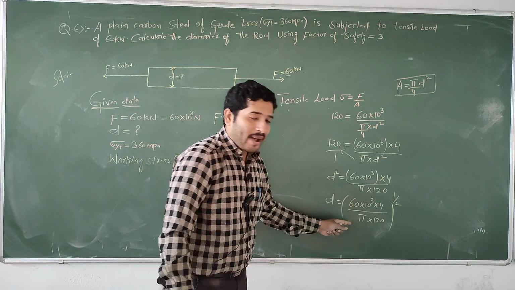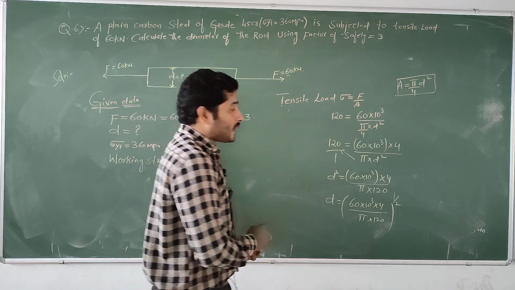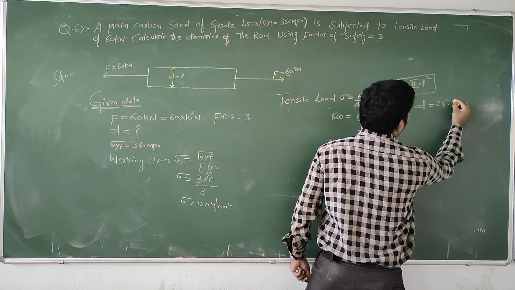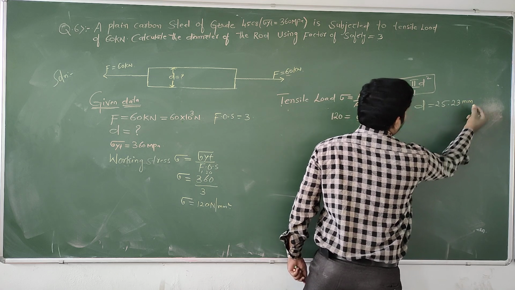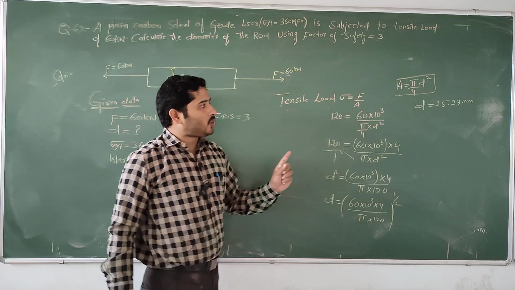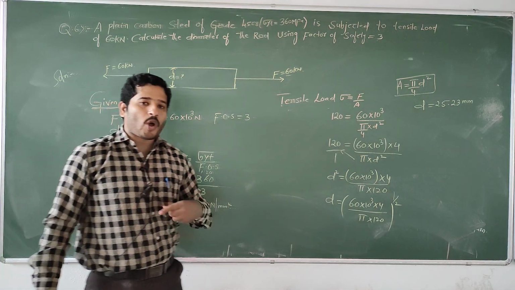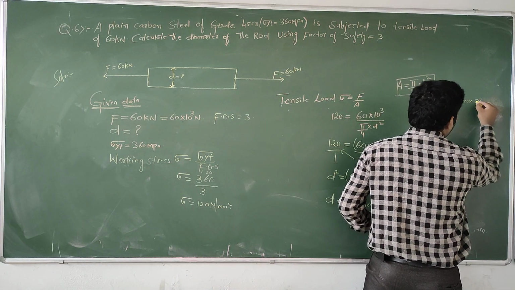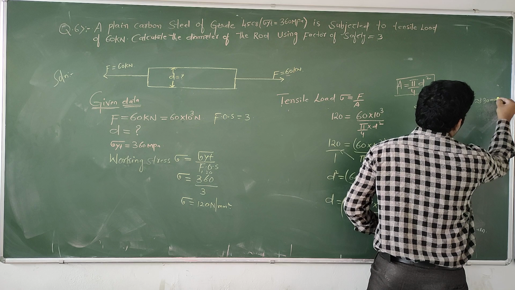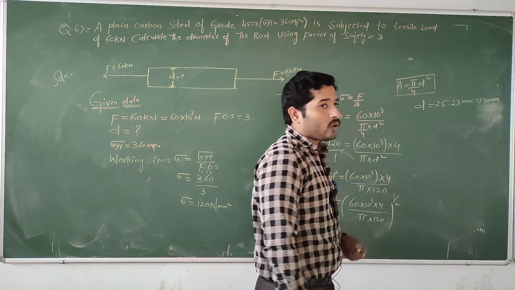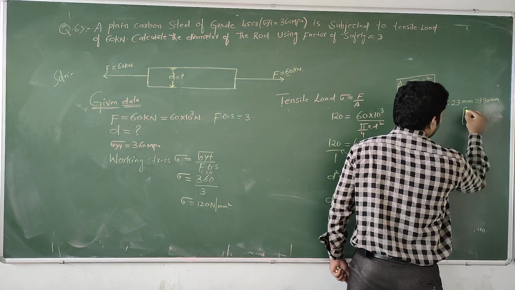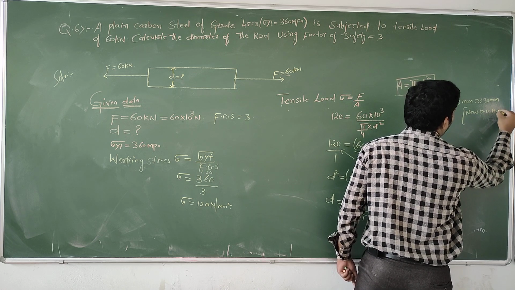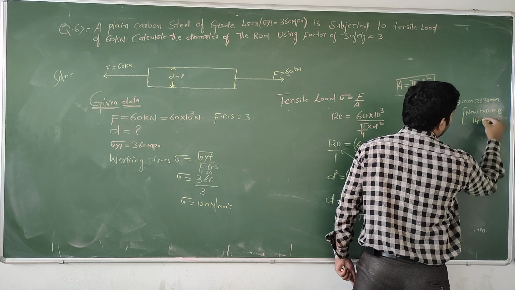If you calculate by the calculator, you will get D equal to 25.23 mm. So 25.23 mm should be approximately equal to 30 mm by the new design data handbook. From the new design data handbook, the page number is 14.6.